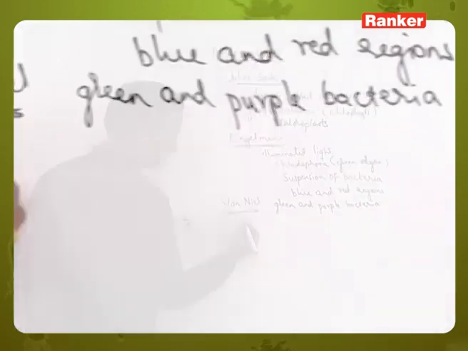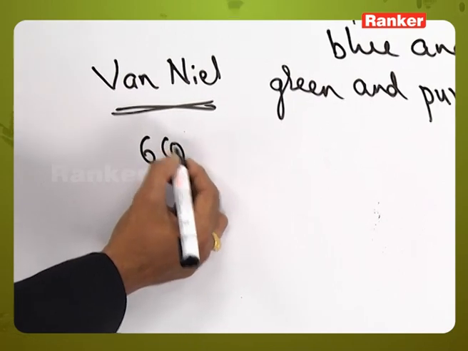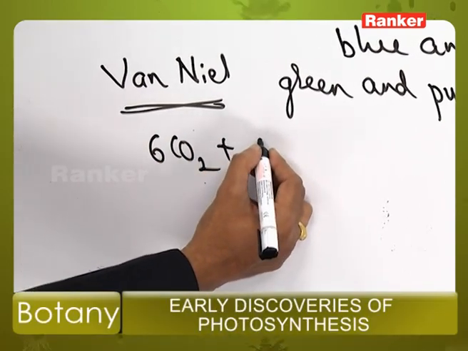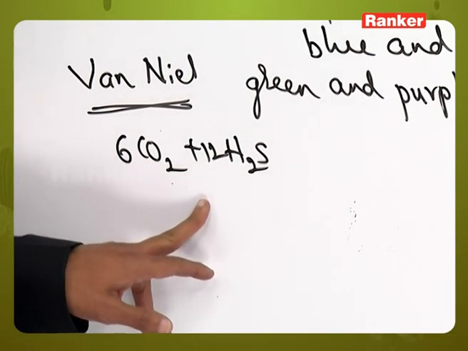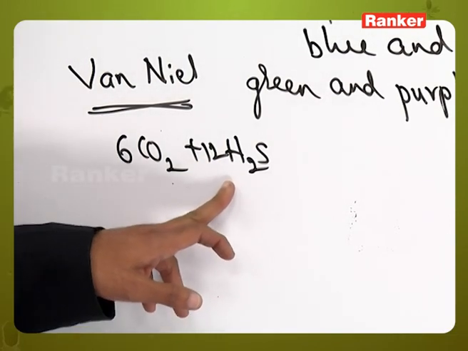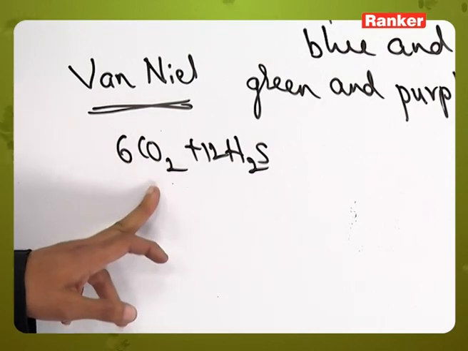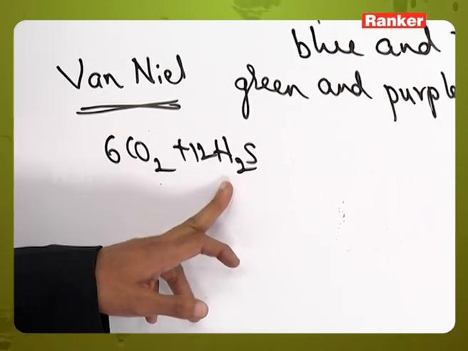So here in this one he had taken carbon dioxide molecules along with hydrogen sulfide. Actually, we know that in the normal equation of photosynthesis, along with carbon dioxide the water molecule will be taken.